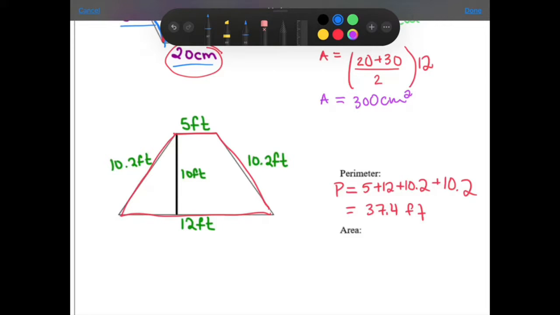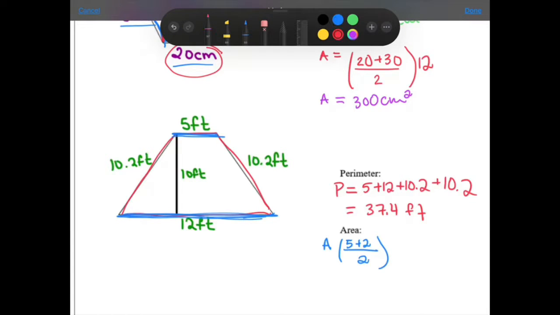Alright, then for our area, we have base 1 plus base 2 divided by 2 times the height. So remember, our two bases are our two side lengths here in blue that are parallel to each other. So 5 plus 12 divided by 2.